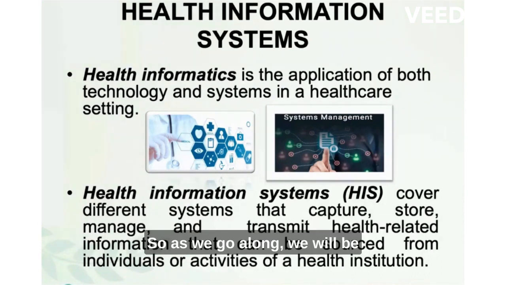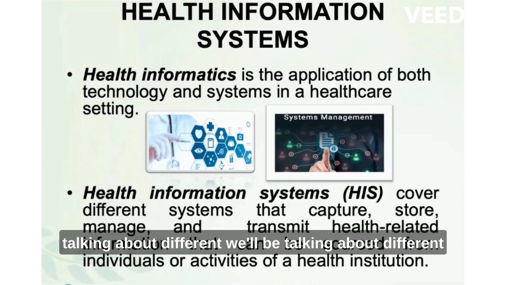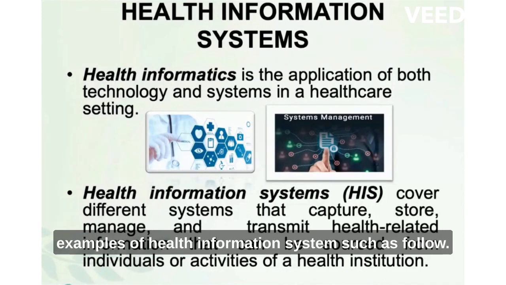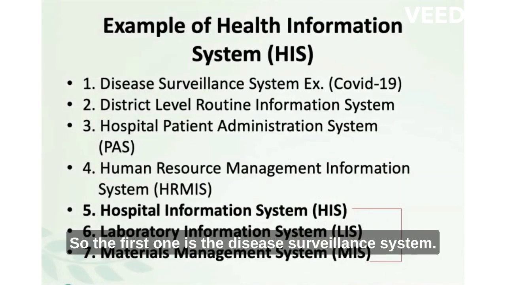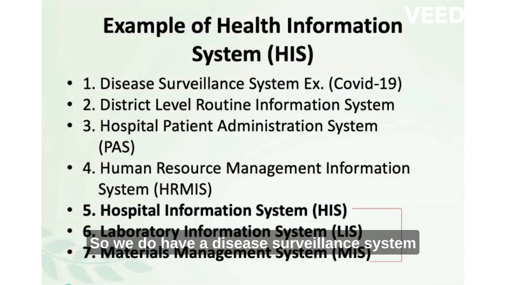As we go along, we'll be talking about different examples of health information systems, such as the following. The first one is the disease surveillance system, like what we have right now with COVID-19.